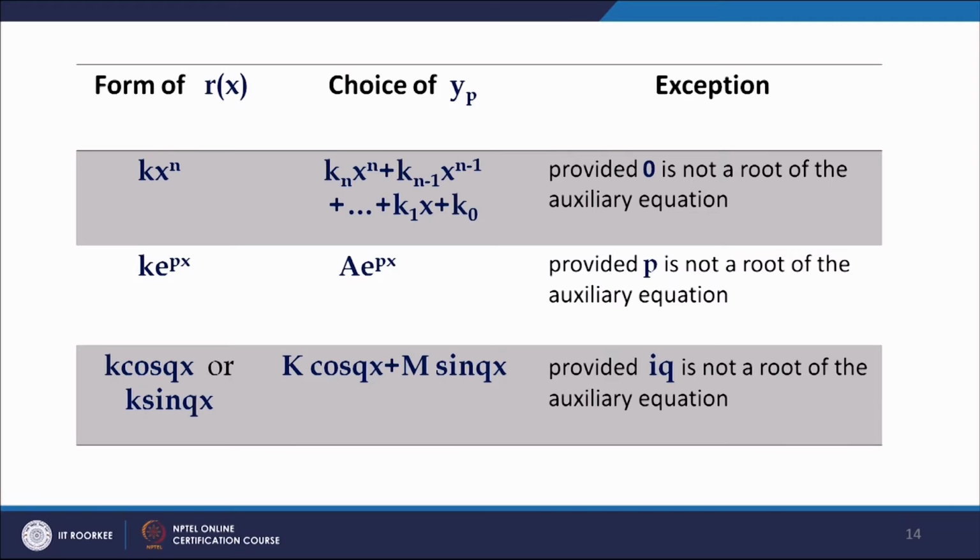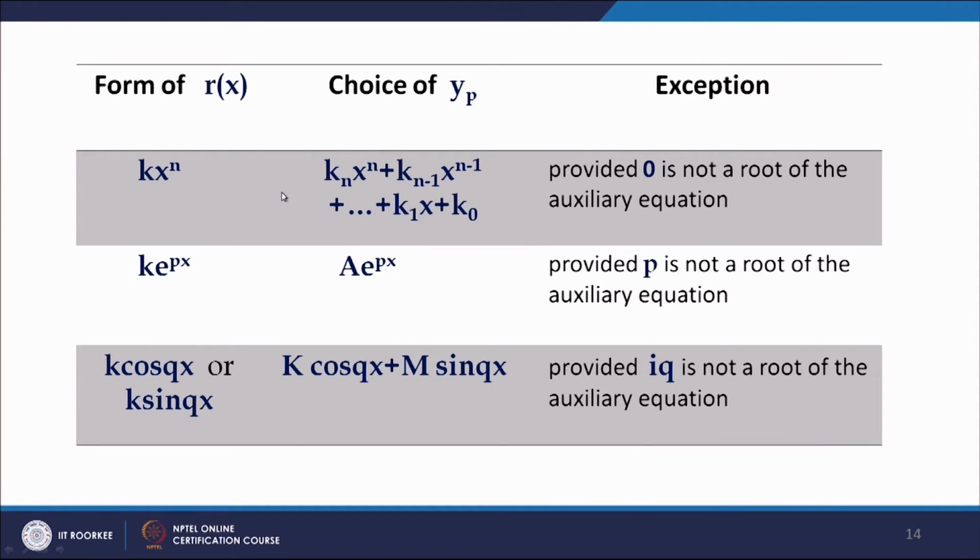So, in the first column we have given the form of Rx, and in the second column we have given the choice of yp(x), provided we have these exceptions. Suppose Rx is of the form k x to the power n, where k is a constant.